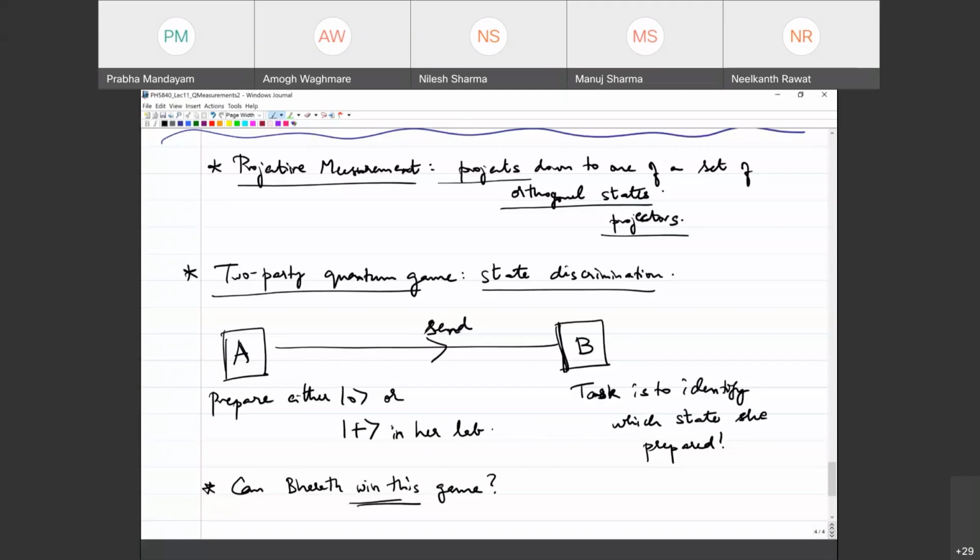He's getting a single qubit state each time from Anita. Can he win this game? Think about this. Let me stop here and we'll continue to discuss this tomorrow. Questions or answers to solve this two-party game?